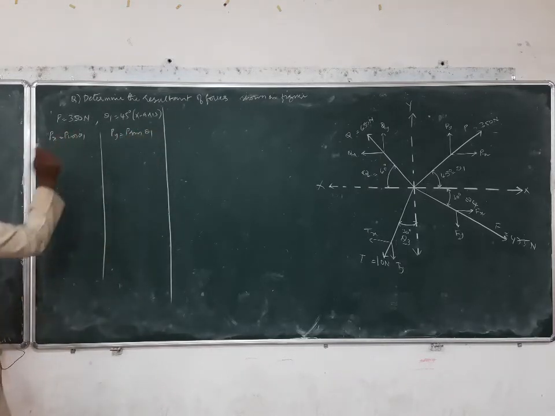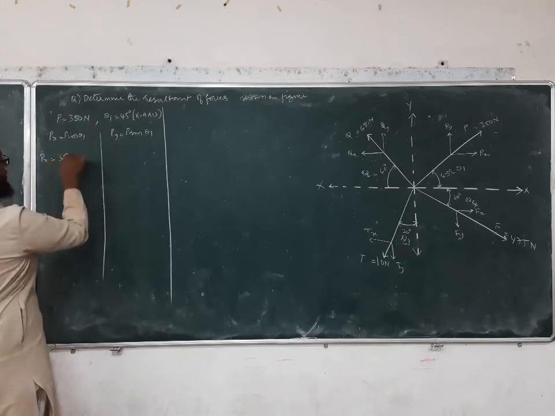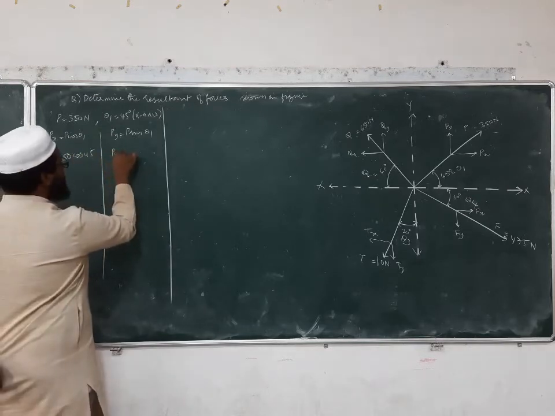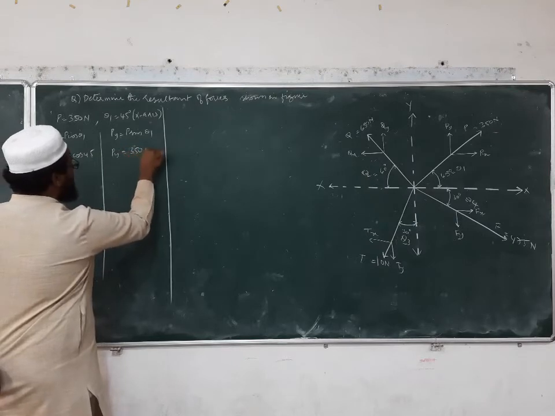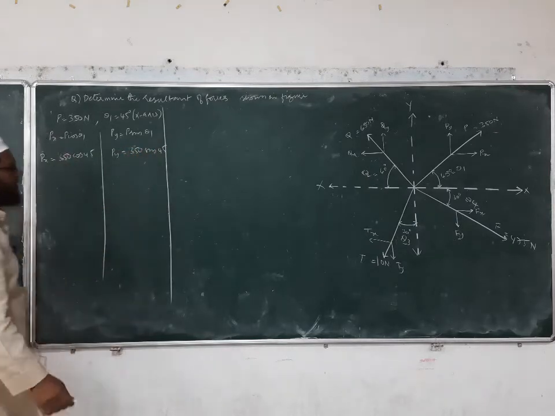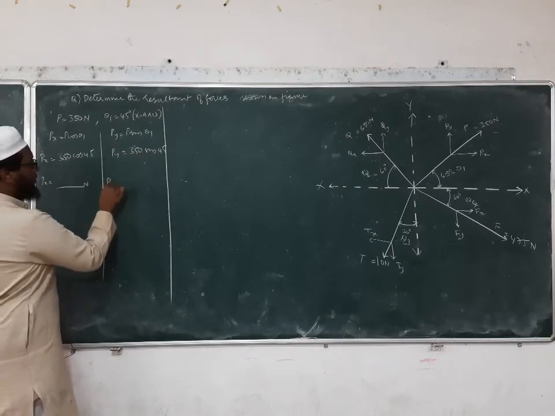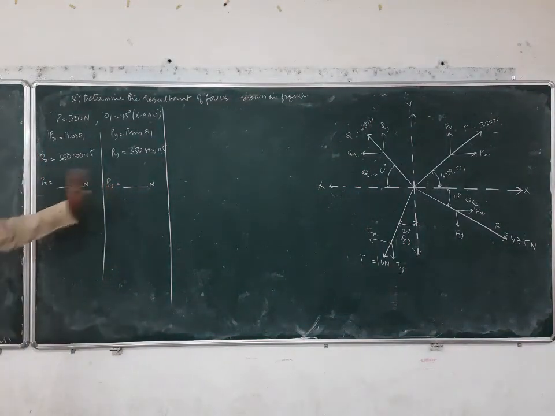Px is equal to 350 into cos 45, and Py is equal to 350 into sin 45. Okay, Px, Py over. So you will get the value of Px and the value of Py in newtons. Both the values will be positive. Why? Because it is going in the first quadrant.